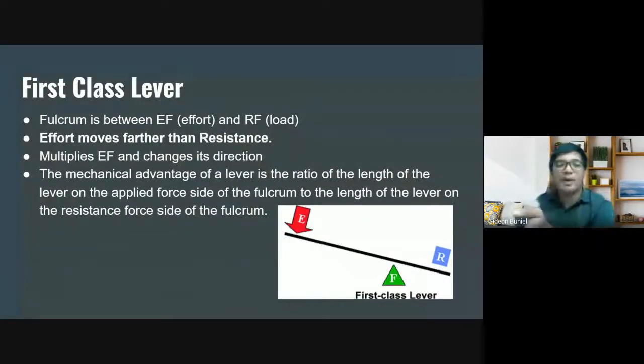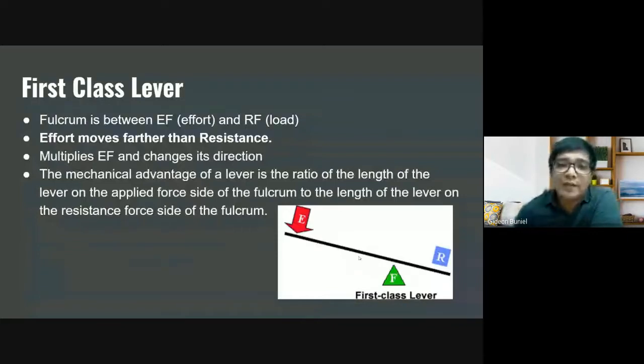We have talked about this earlier, so we have again the first class lever. The mechanical advantage of a lever is the ratio of the length of the lever on the applied force side of the fulcrum to the length of the lever on the resistance force side of the fulcrum.